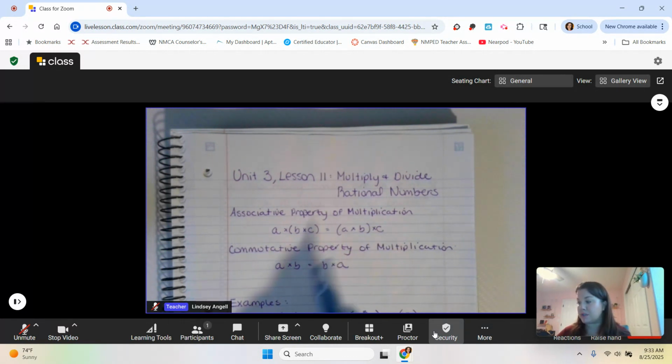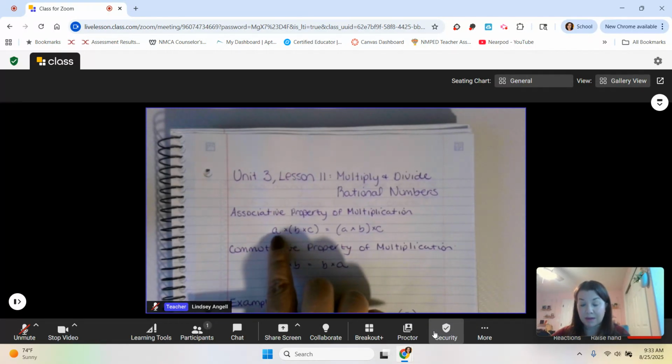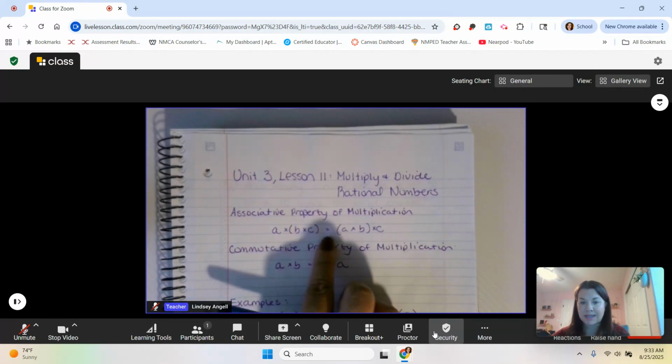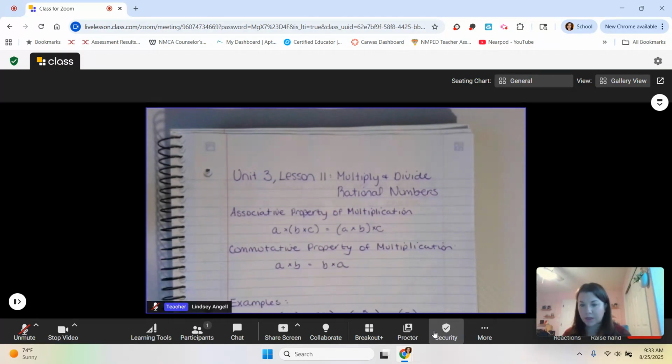Right here I have two examples, one for the associative property, which tells me that even if I move those parentheses and multiply in a different order, like in this case multiplying B and C together first and then multiplying that by A, that is the exact same thing as multiplying A and B together first and then multiplying by C. So again, furthering the understanding that the order in multiplication and addition doesn't matter, okay? You're still going to end up with the same answer as long as you're doing your operations correctly.